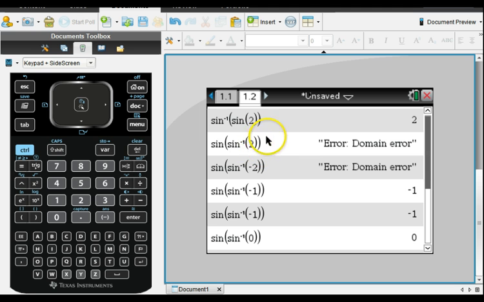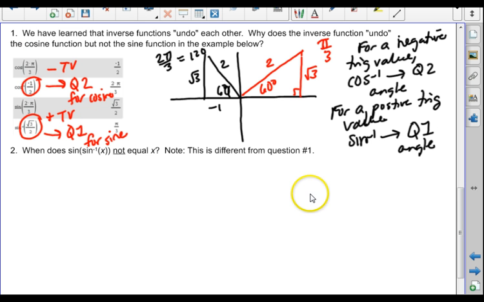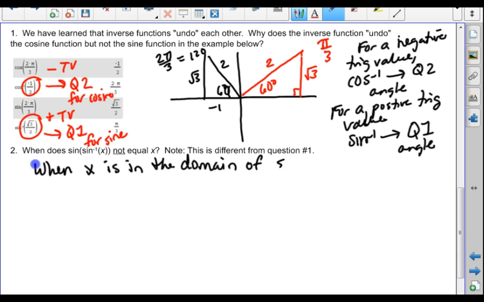And hopefully you're going, okay, domain error, what is the domain of the inverse sine function? The inverse sine function is only defined for trig values that sine can actually equal, somewhere between -1 and 1. So the correct statement would be: when x is in the domain of inverse sine, which is between -1 and 1.